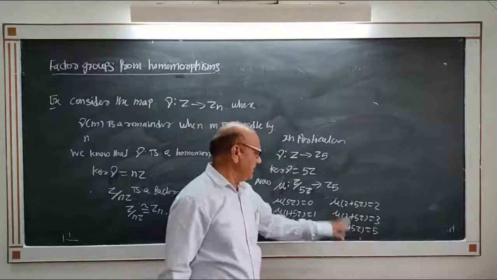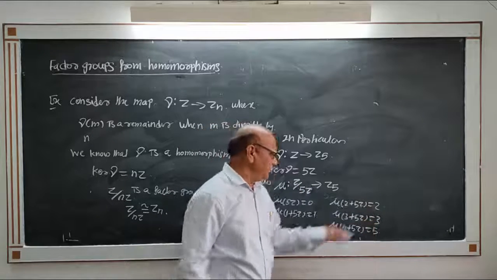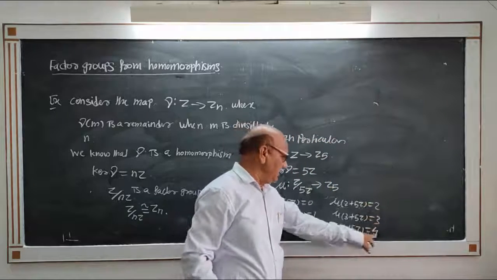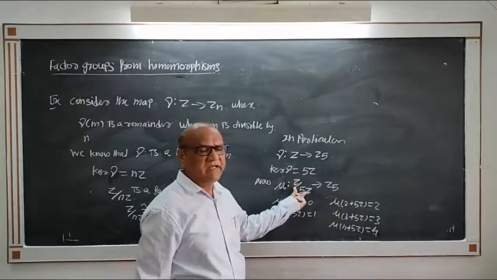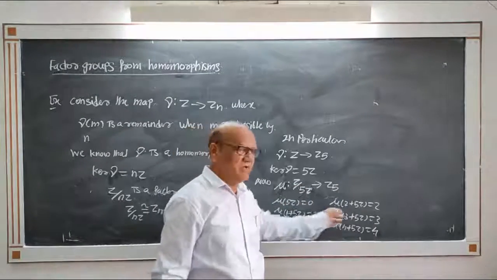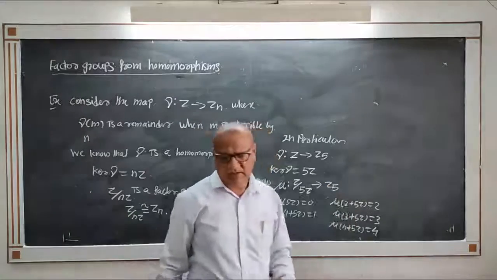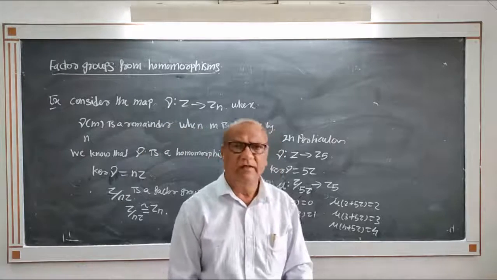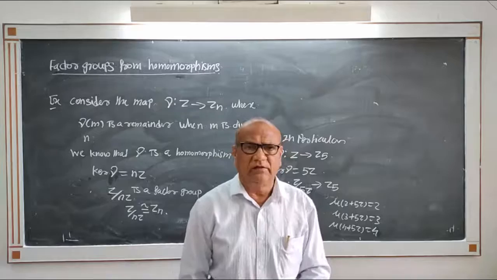These are elements from this quotient group, and 0, 1, 2, 3, 4 are the elements of Z5. This map gives a 1-1 correspondence, also onto, and so it is an isomorphism. Okay, we stop here. Thank you.